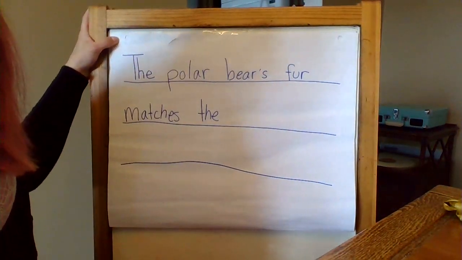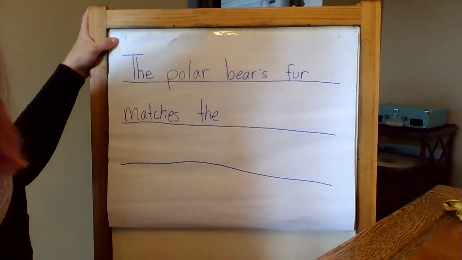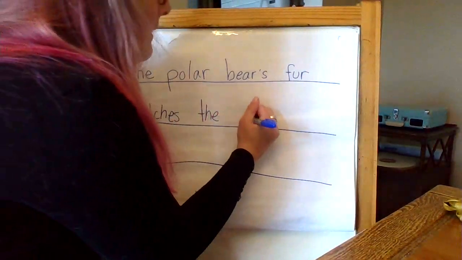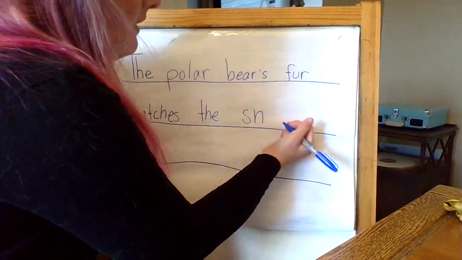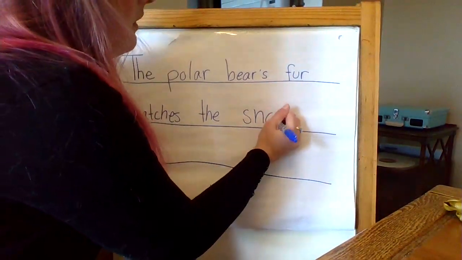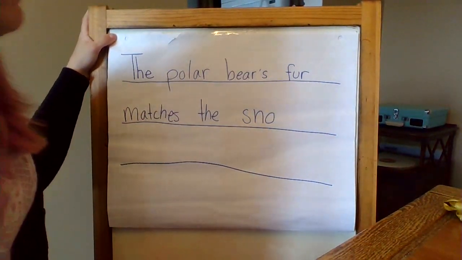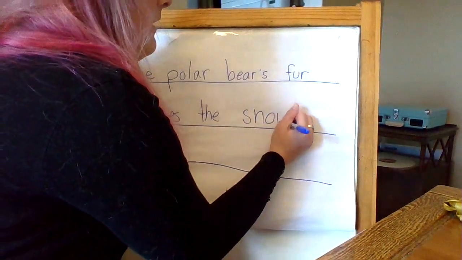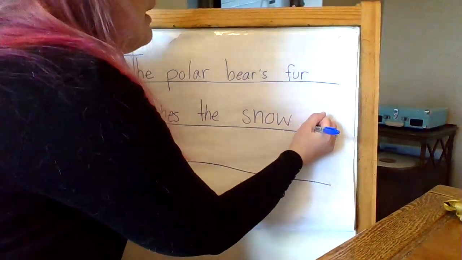How could I sound out snow? Let me stop and think. I hear an S, an N for "n," an O, and then there's actually also a W at the end. You don't hear that when you're saying it, but it's in there. The polar bear's fur matches the snow.